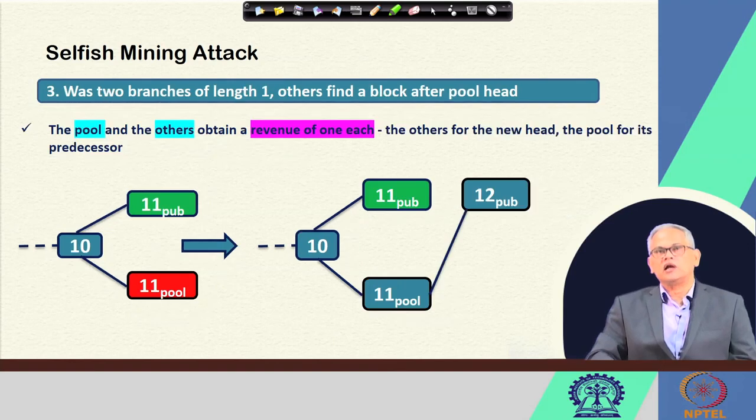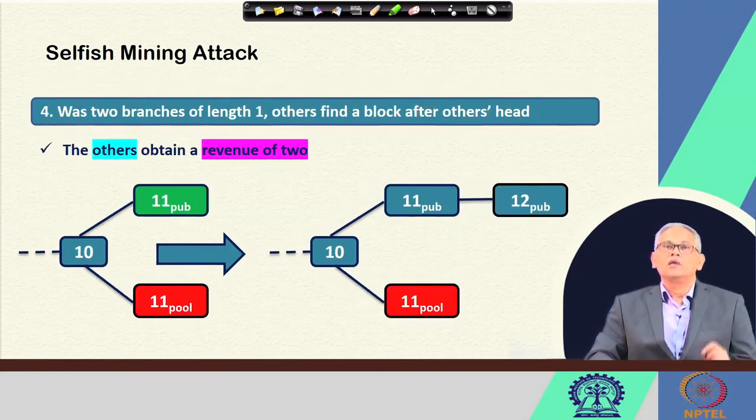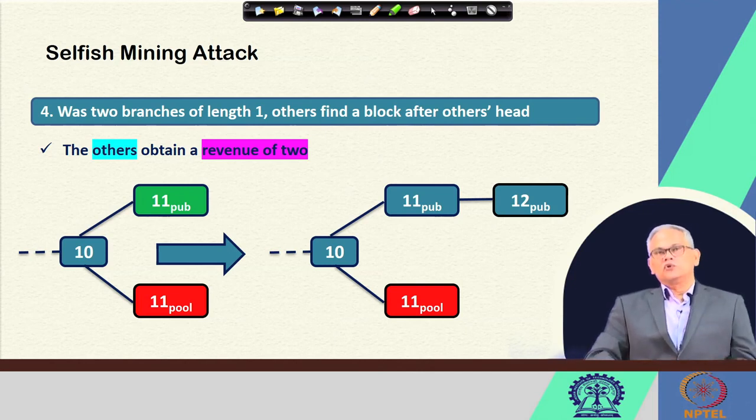In the previous one they had added after 11 pool, but in this example they added after 11 pub. So, that means that of course the revenue for 11 pub as well as for 12 pub will go to the others, and the pool will not be able to get anything. So, that is fairly straightforward.